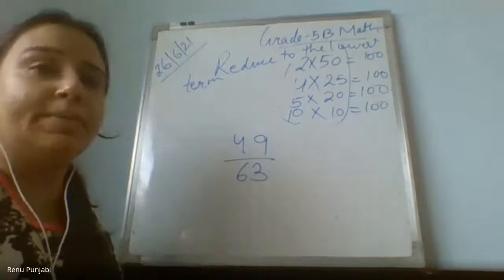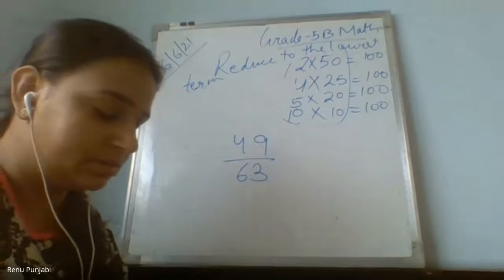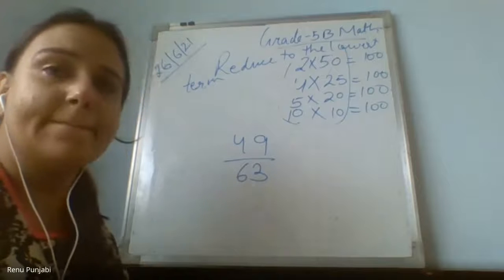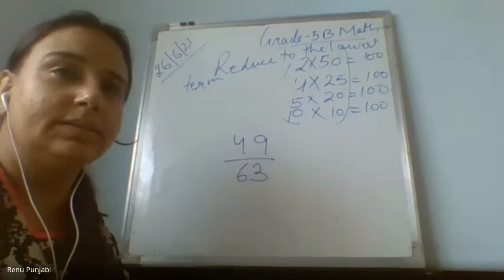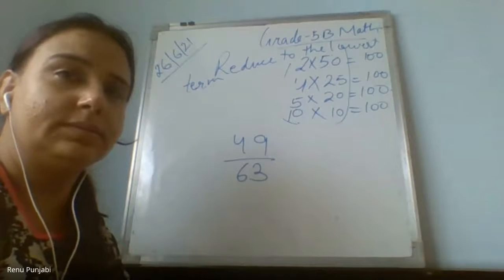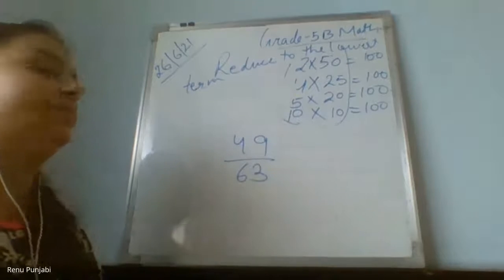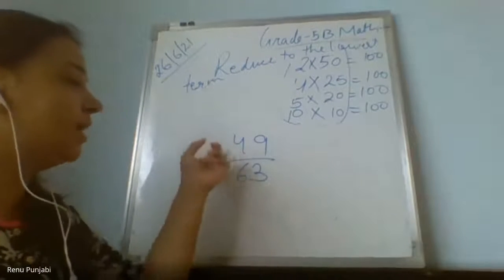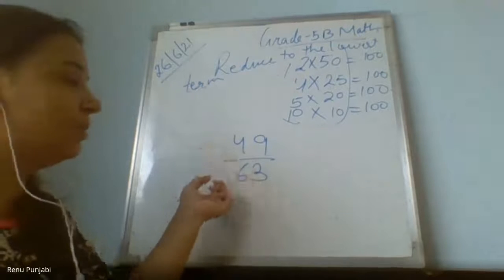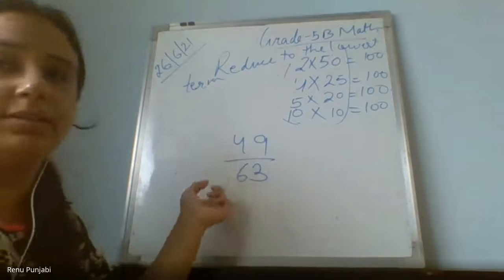Tell me 49 upon 63 fast. If such numbers come, you can directly check in which table these two numbers come.